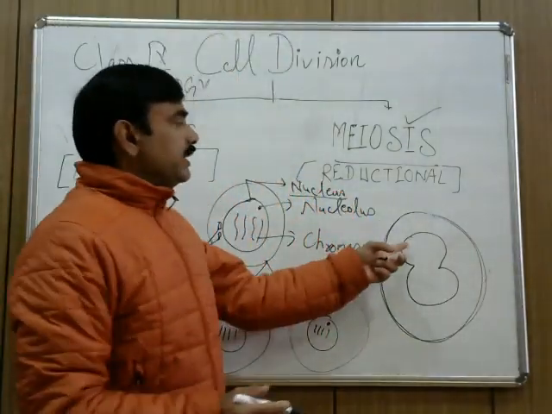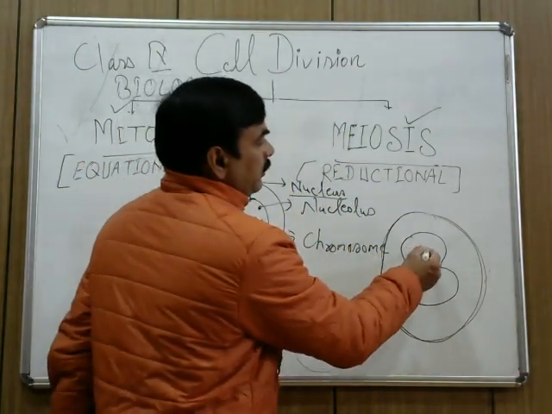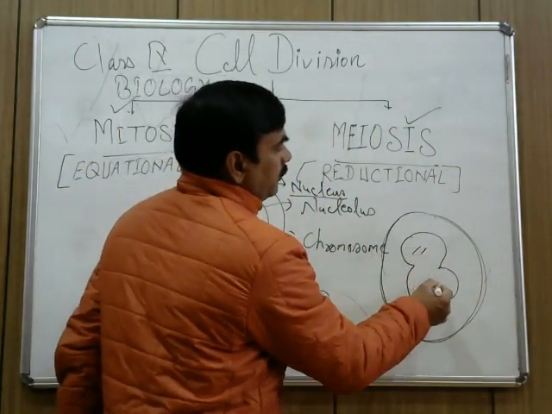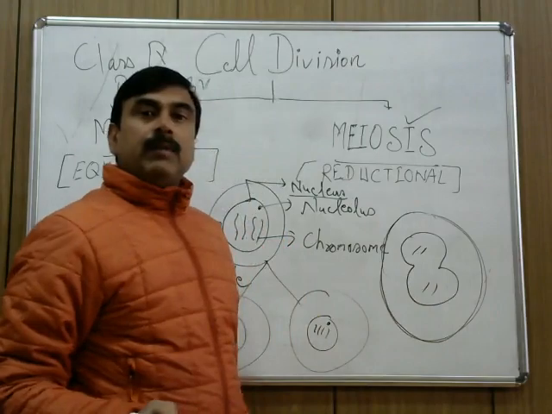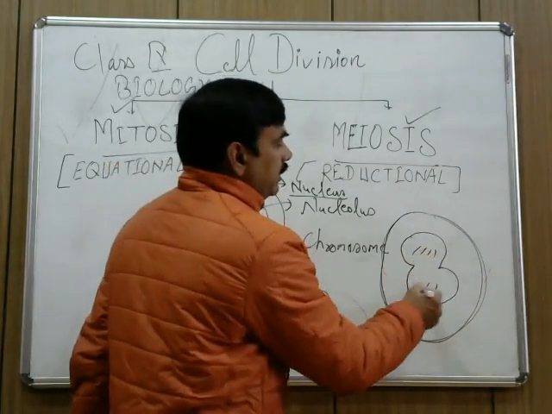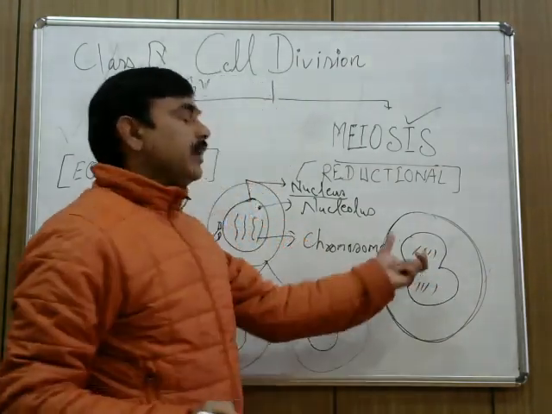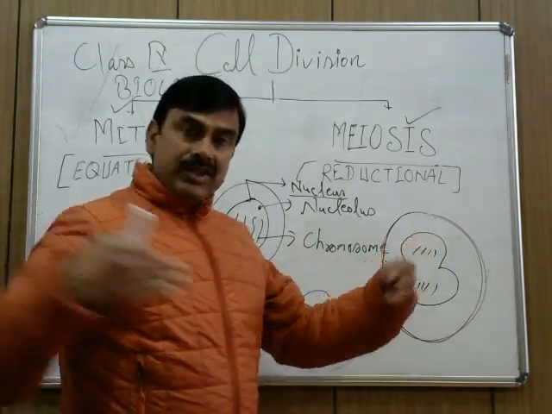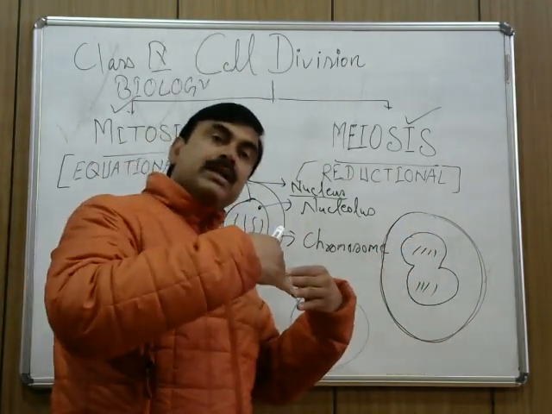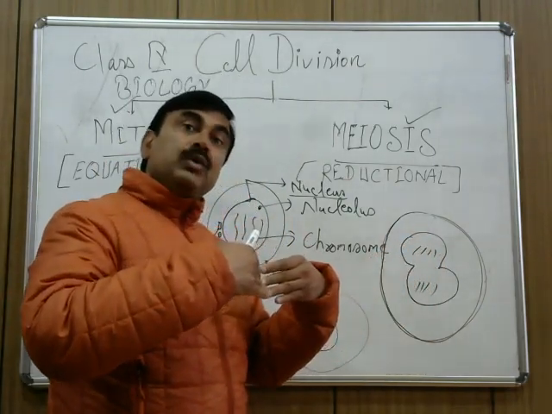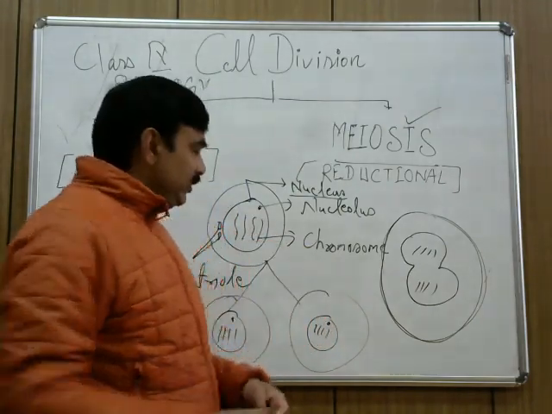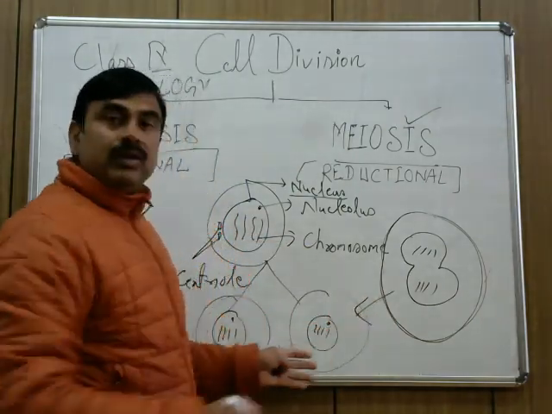Like this, the number of chromosomes remains the same, but the nuclear membrane constricts inside, and 2 daughter nuclei are formed. You can see, look at this, 2 daughter nuclei.